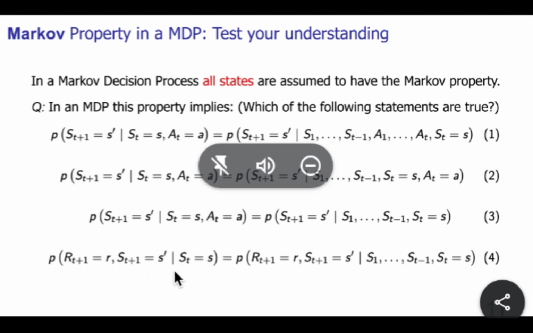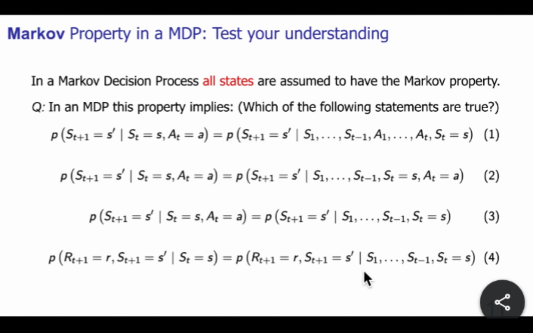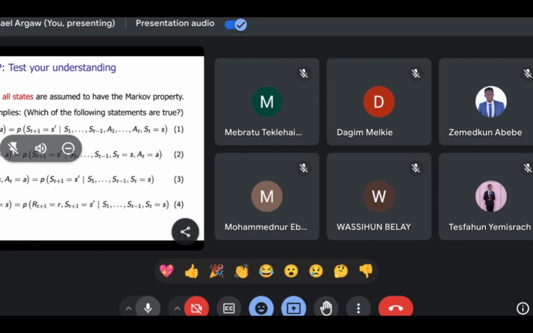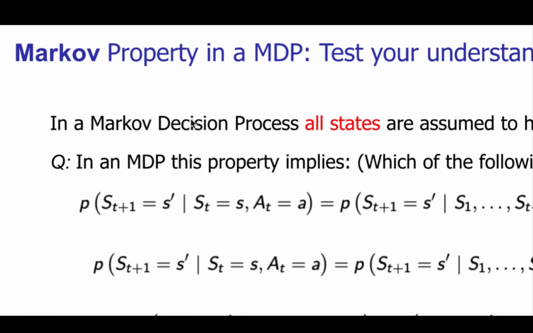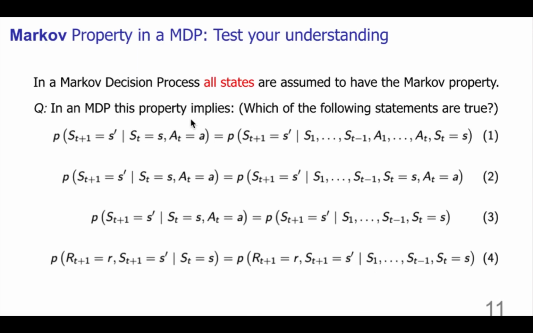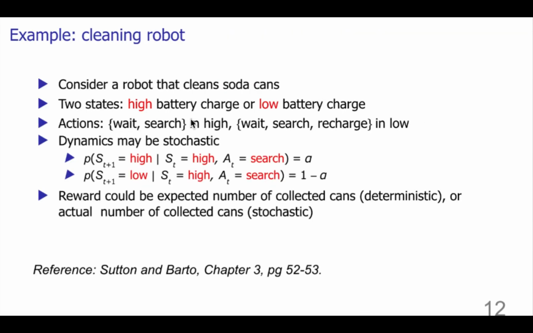If an agent is considering only the sequence of states and comes up with S prime, then the same agent or any other agent considering the sequence of states up to the current state should provide the same probability for S prime. So in that case, the first one is true. This example lets you understand what the Markov property or Markov decision process really is as a model for reinforcement learning in time.